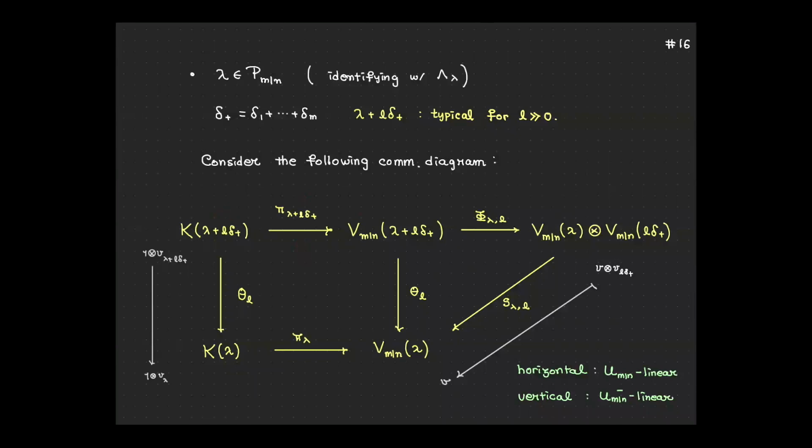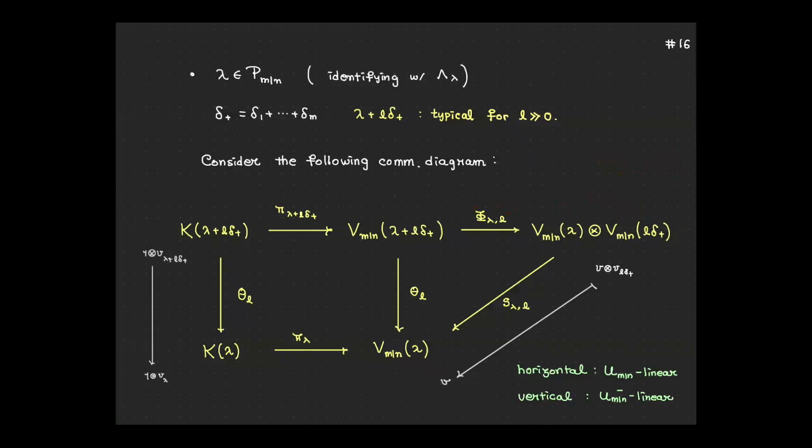And now we consider this polynomial representation. This polynomial representation is embedded into the tensor product of highest weight lambda and L delta plus. Since it is semisimple, there is actually one factor with the highest weight lambda plus L delta plus. So there is a natural embedding.